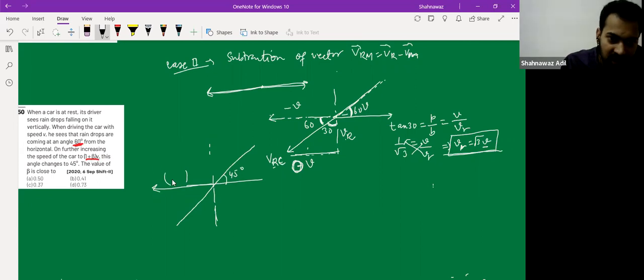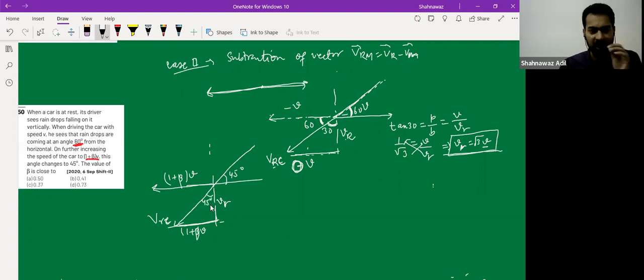The velocity given was this, and this is the velocity of rain with respect to the car. So this part is 1 plus beta V, and this is the velocity of the rain, at 45 degrees.